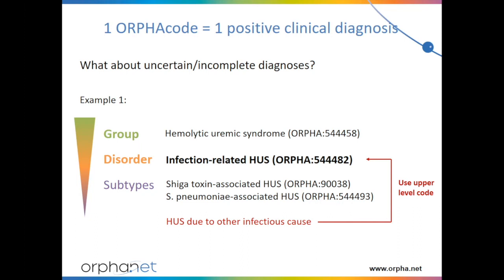In case you need to code a patient in whom the diagnosis of HUS is confirmed, there are known elements indicating that it was caused by an infection, but the precise agent involved is not known, either because the clinical assessment is incomplete or because the known agents were excluded. Then you need to use the ORPHAcode at the upper level, which is, in this case, infection-related HUS, because this is the level of information that is available for the diagnosis.